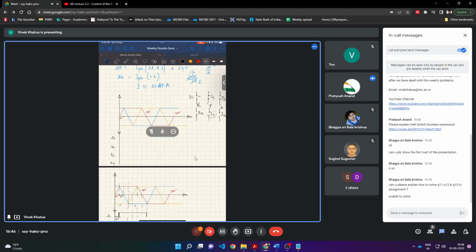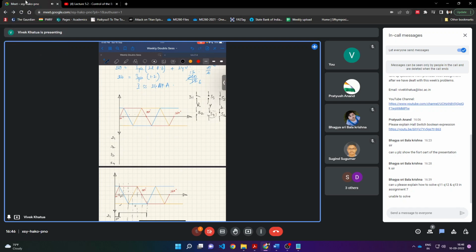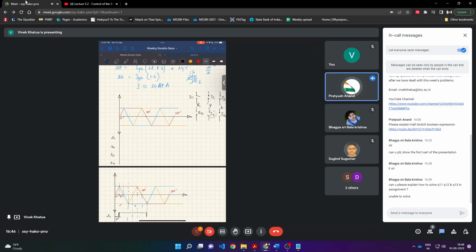It will be confusing in his method of taking the switches, right? He has taken all the top ones as positive: 1, 3, 5 are positive, 4, 6, 2 are negative. The first one is correct.